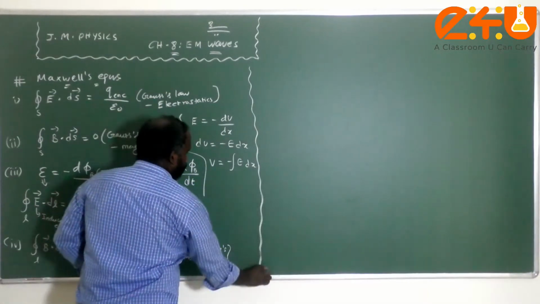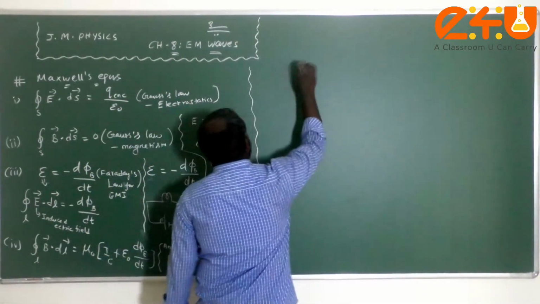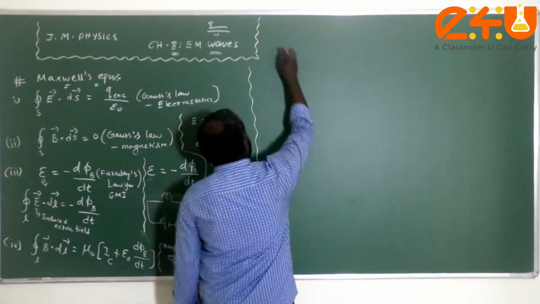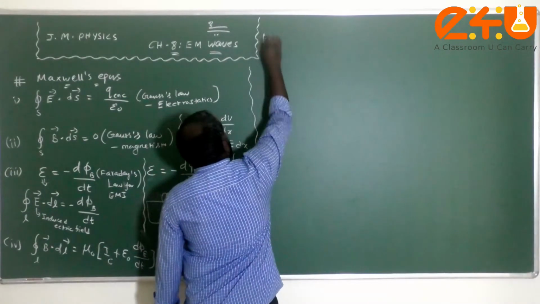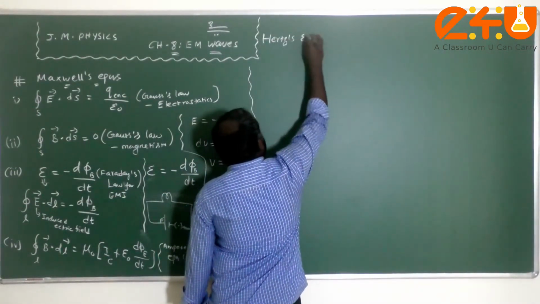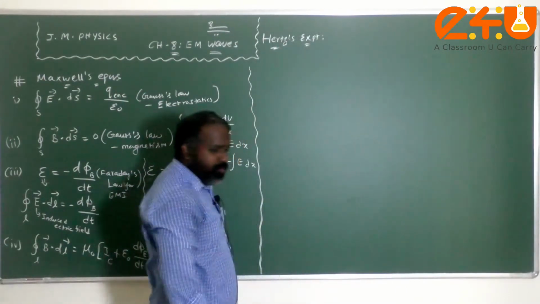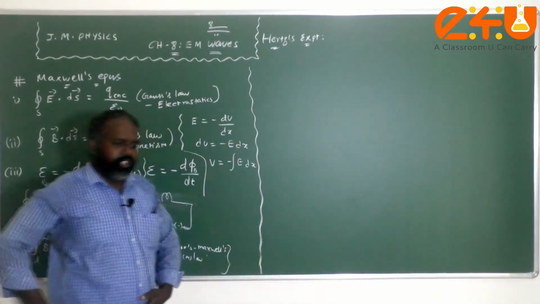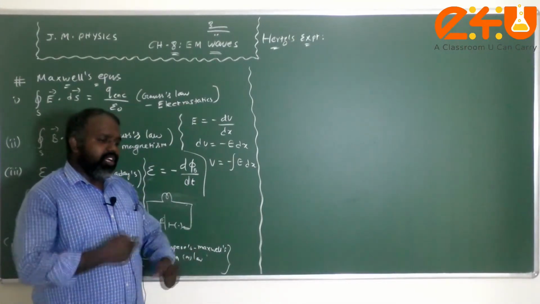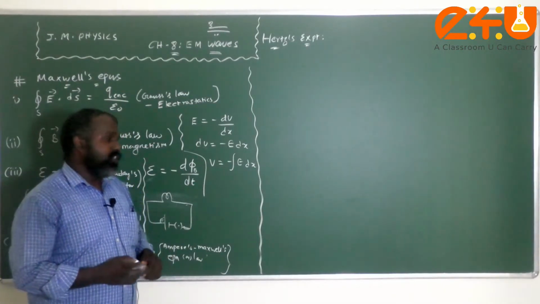Another topic we are going to discuss is the Hertz experiment. This may be a 2-mark question from a CBSE exam point of view. So what is this Hertz experiment? In the previous video we discussed the properties of EM waves. All oscillating or accelerated charges are sources of EM waves.